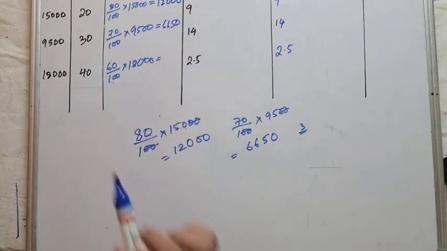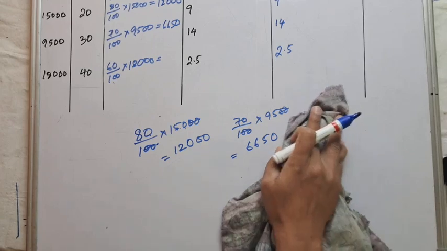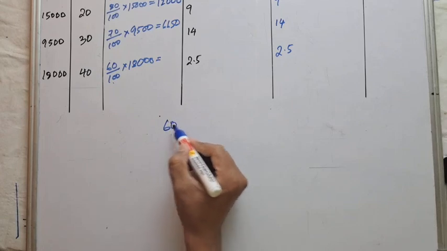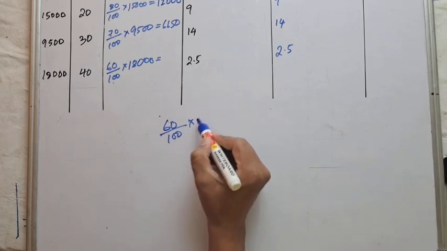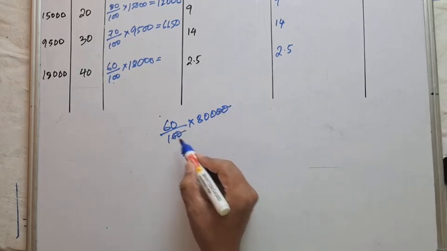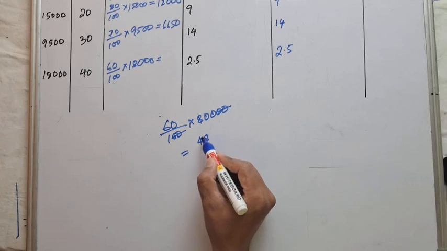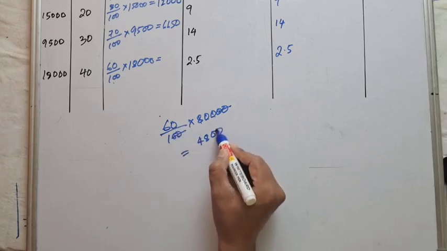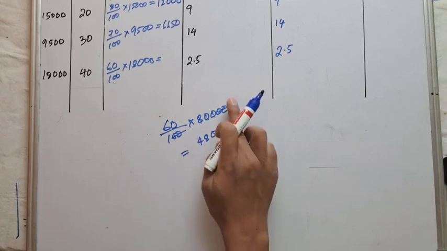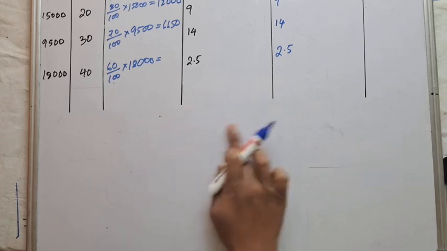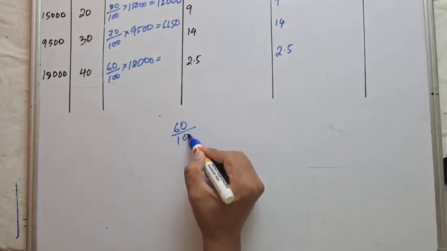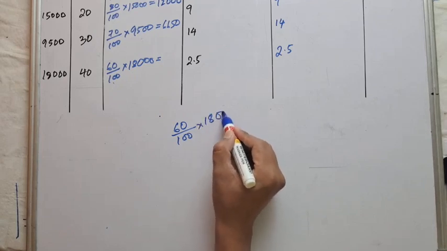Similarly, 60% of 18,000. Oh, this is 18,000, not 80,000. 60% of 18,000.